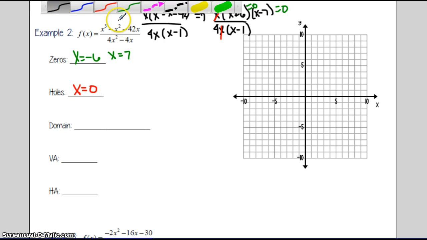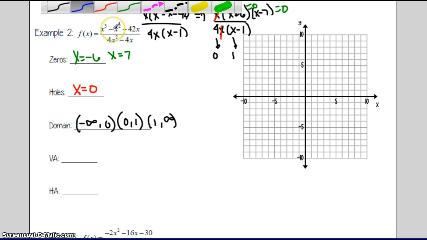Domain, we're going to look at the bottom before we canceled and figure out this is going to equal 0, this is going to equal 1. So those are our 2 pausing places. From -infinity, we're going to pause at 0, and then from 0 to 1, and then from 1 to +infinity.